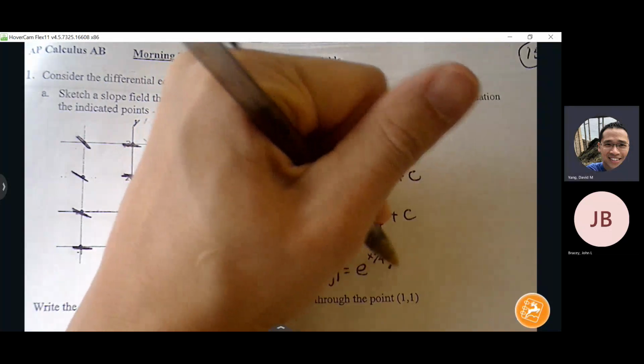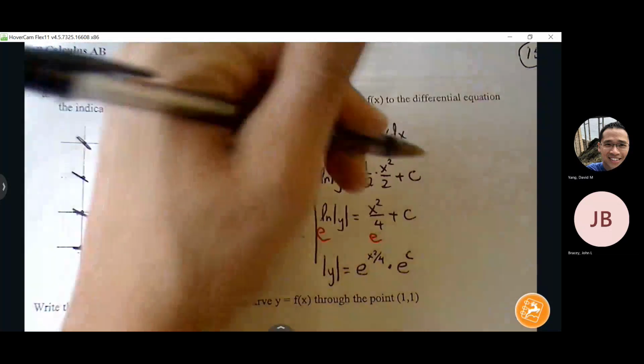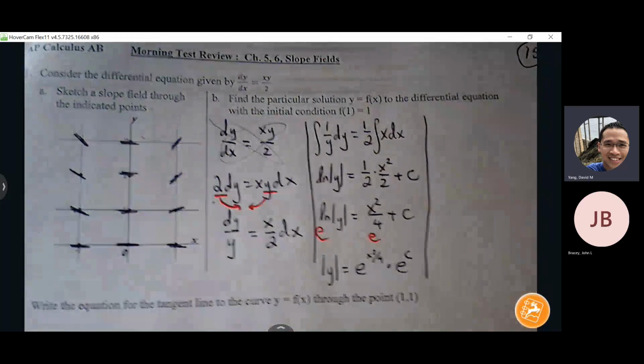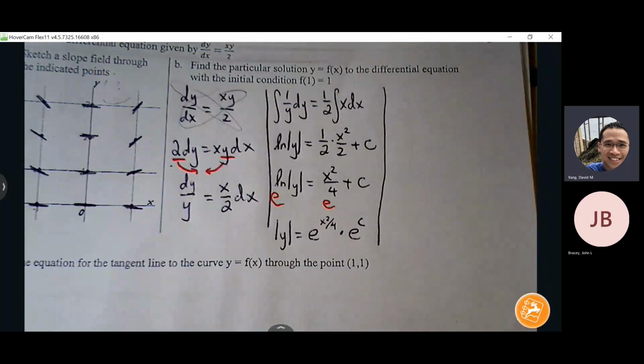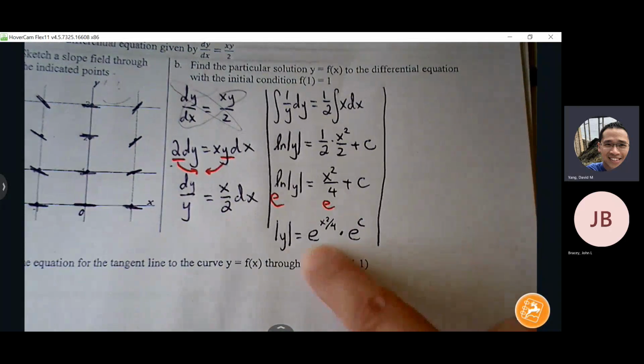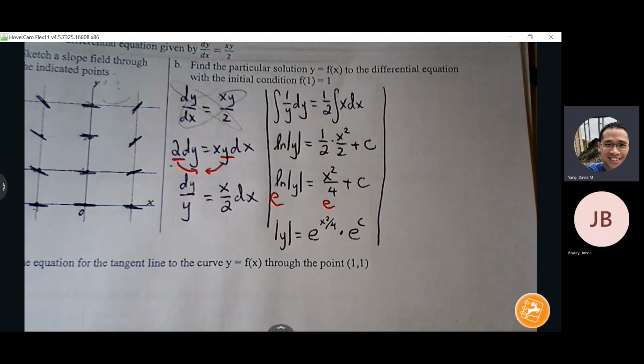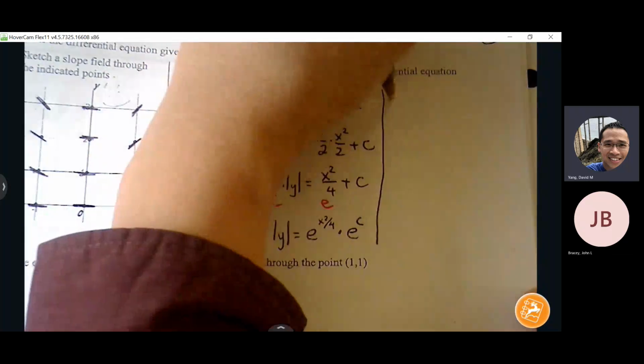I want to separate that C away from my variables. Okay, drop the absolute value, well, I can turn this into a C, pull that out as a coefficient, drop the absolute value.